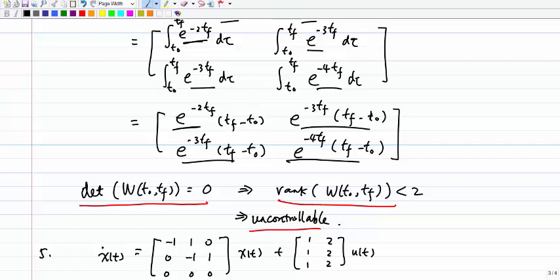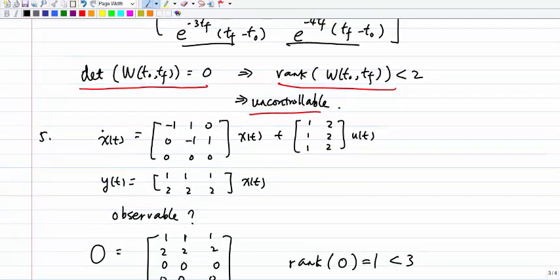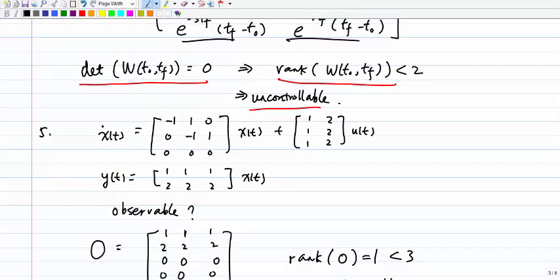All right. So next, question number 5 is about observability of a linear time invariant system. Here's a linear time invariant system that I'm giving for question number 5. So x dot of t, which is this guy, this is A, this is B, and this is my C matrix.